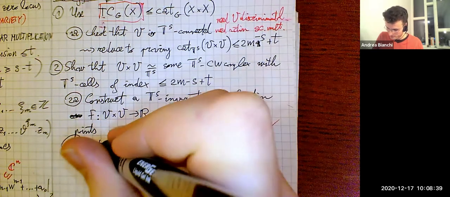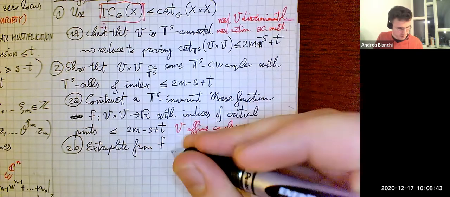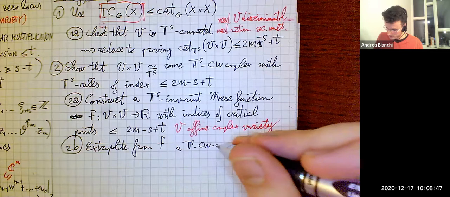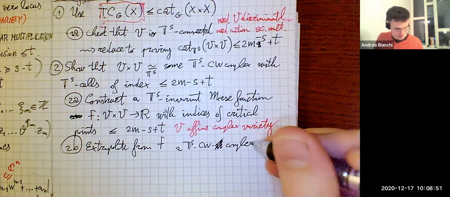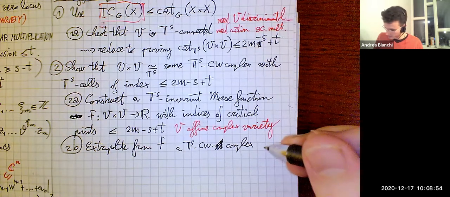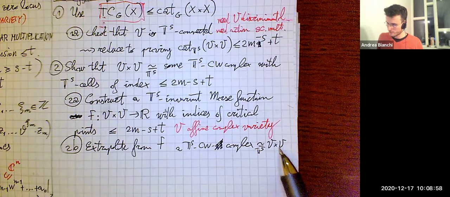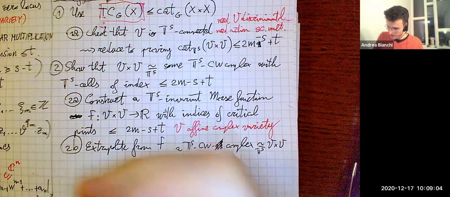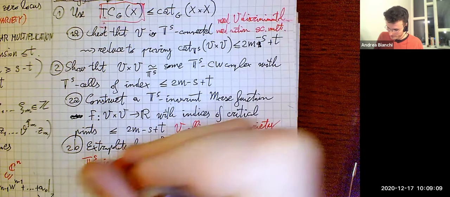extrapolate from f a TS CW structure, complex, let's say, which is TS equivariant to V times V. And again, here the ingredient that we really need is just that TS is a compact Lie group.